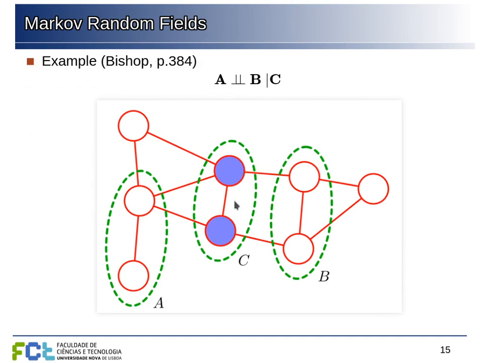If we observe the values in group C, now once these are fixed, nothing that happens in B will affect A, because any information that could come from one variable to the other would go through C, and C is fixed, so nothing can pass through there if we imagine it that way. And this is what we are representing here. So basically we are saying that these variables here on this side will become independent from the variables here if these are known or observed, their values are fixed.